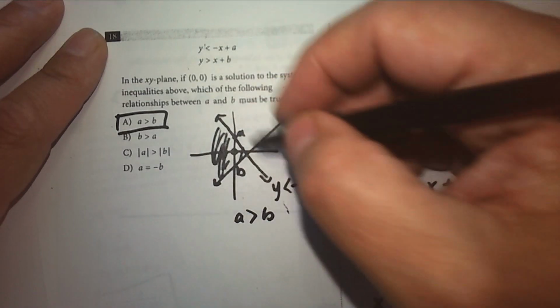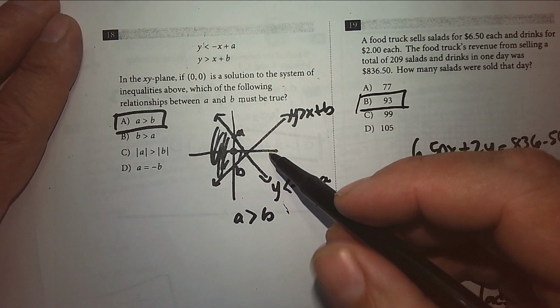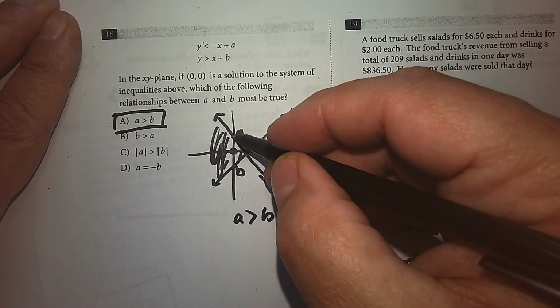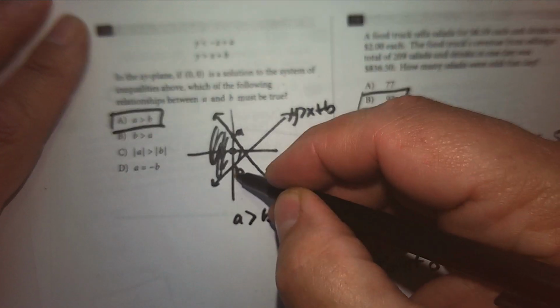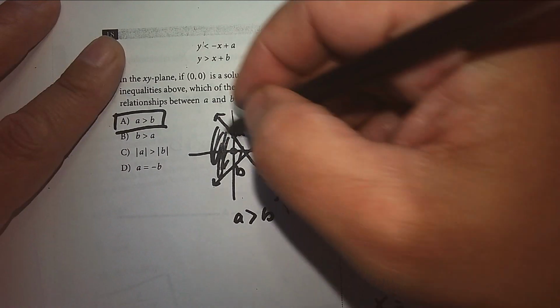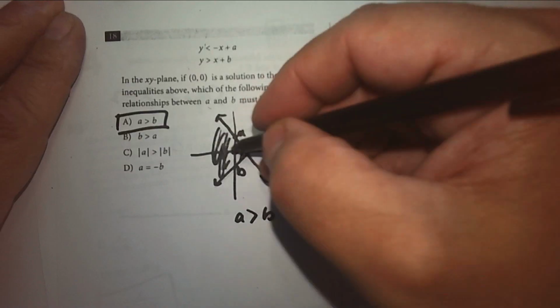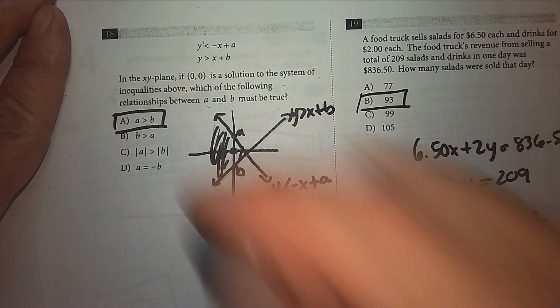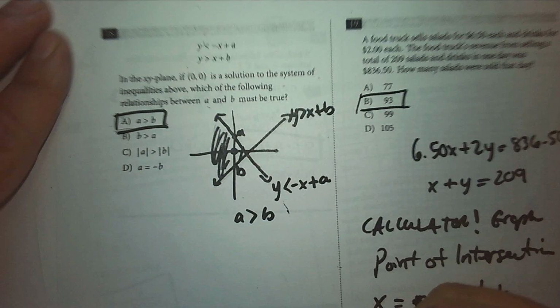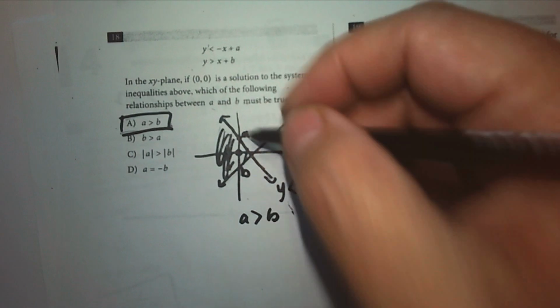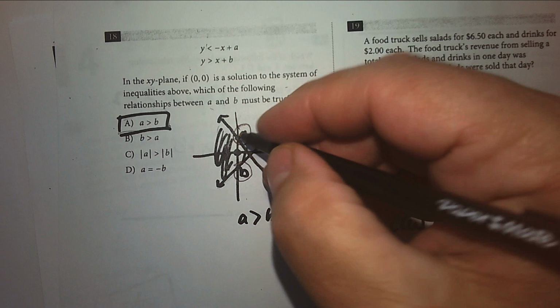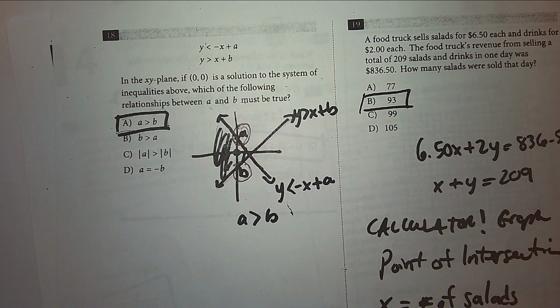So one has a negative slope, the other has a positive slope. And so if A is bigger than B, and you draw the lines and shade it correctly, does it cover 0, 0? So the only one that covers 0, 0 is A, when A is bigger than B. So it's above it in terms of doing the inequality.